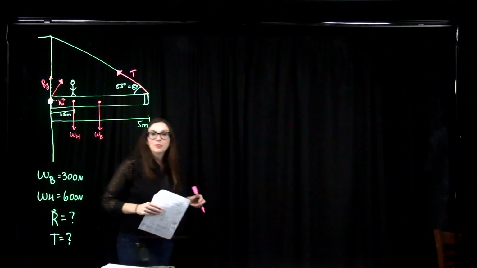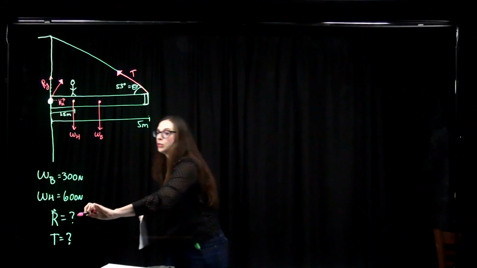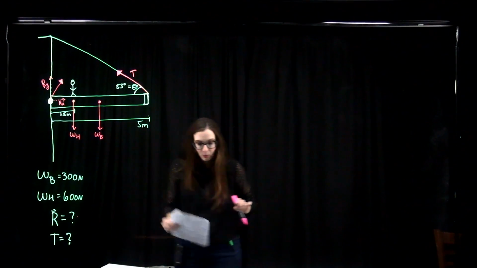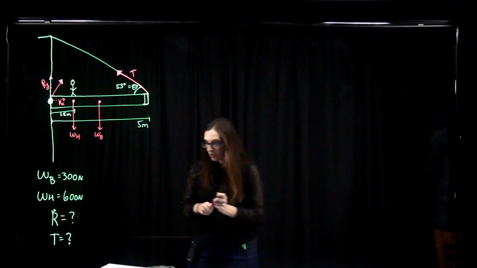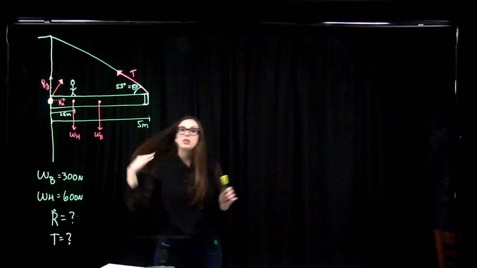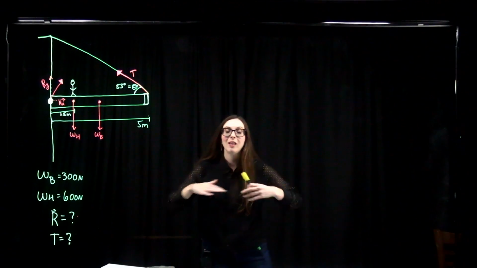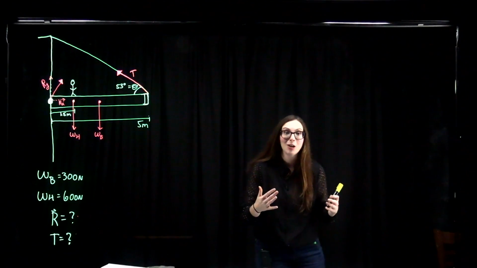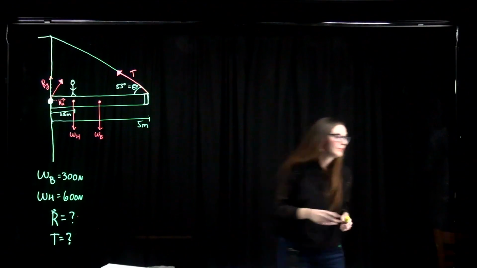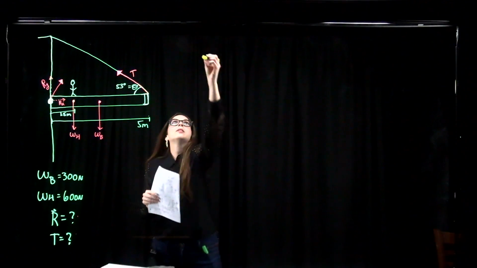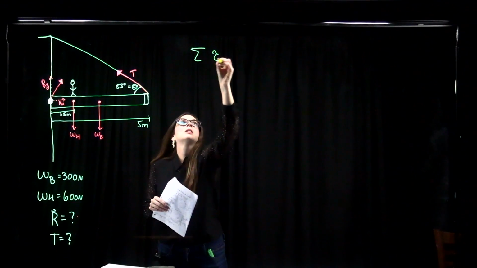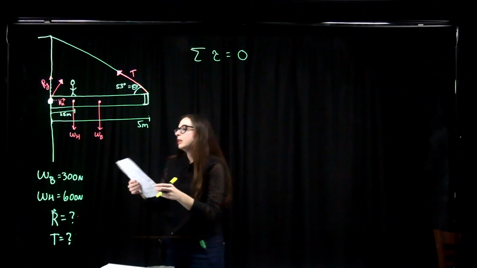Now we have to figure out what these two are, and in order to do that, we have to use our conditions for equilibrium. So let's use first our condition that the sum of all the torques has to equal 0 and see how that helps us. All right, so we've got our sum of torques must equal 0. Let's see what torques we have.